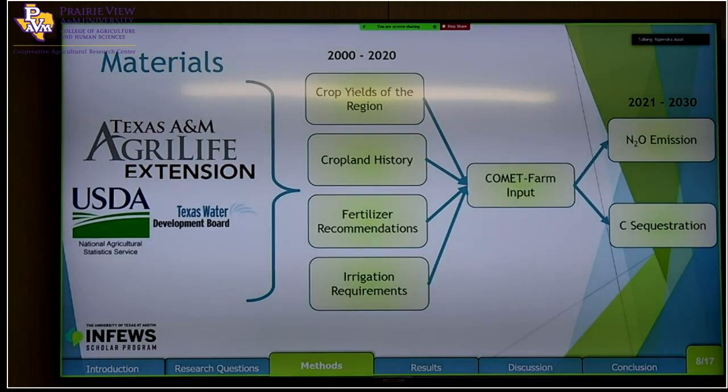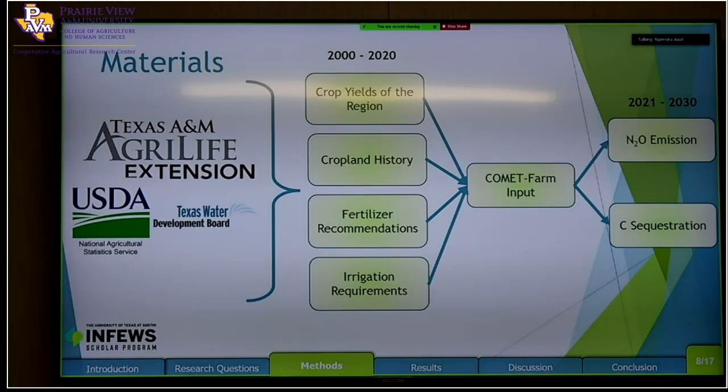The USDA and the Texas Water Development Board also have manuals and recommendations I can use. From all of that, I was able to extract crop yields of the region, cropland history, fertilization recommendations, and irrigation requirements from the years 2000 to 2020, because that's an input you need for Common Farm.